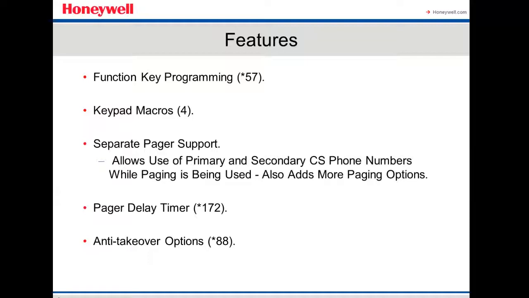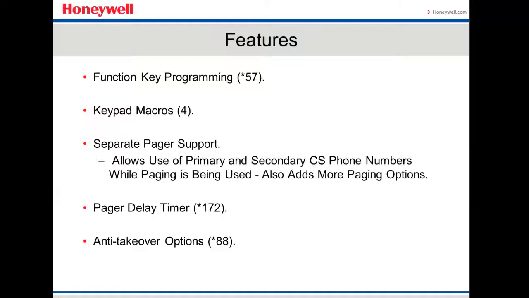The one at the top is letter A, and the ones below are B, C, and D. There are 4 square buttons we can program as shortcuts, for example for panic or to show the time on the screen. Those are the keypad macros, 4 buttons.